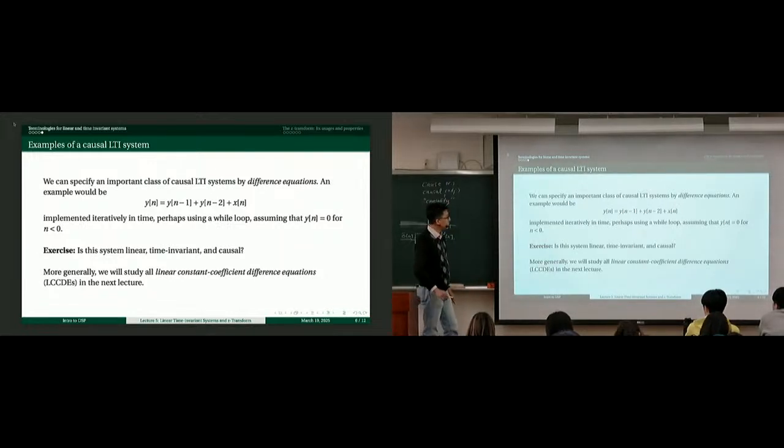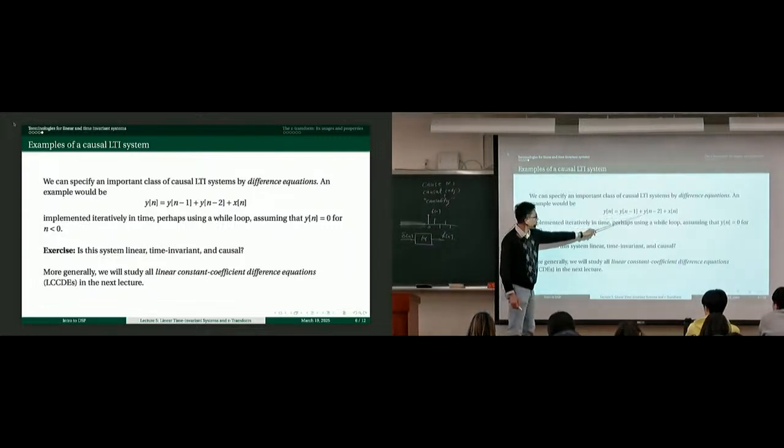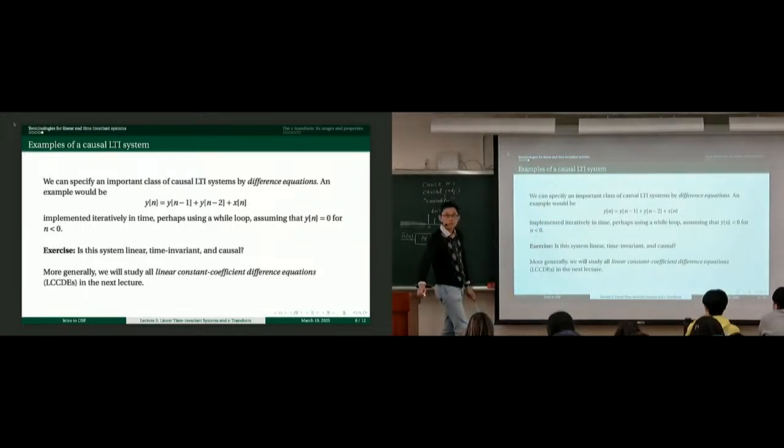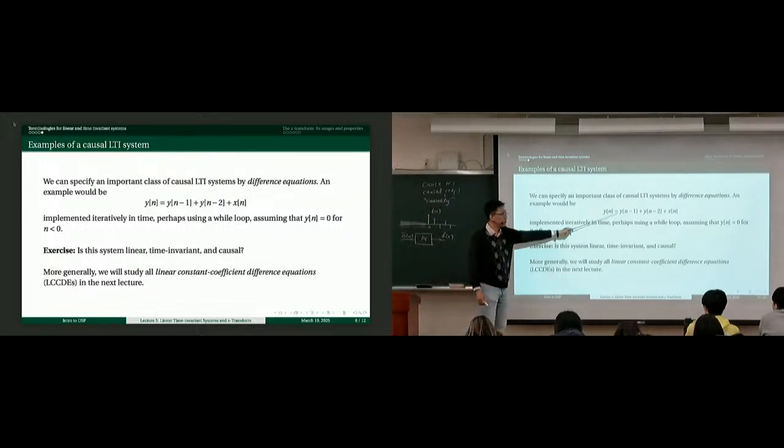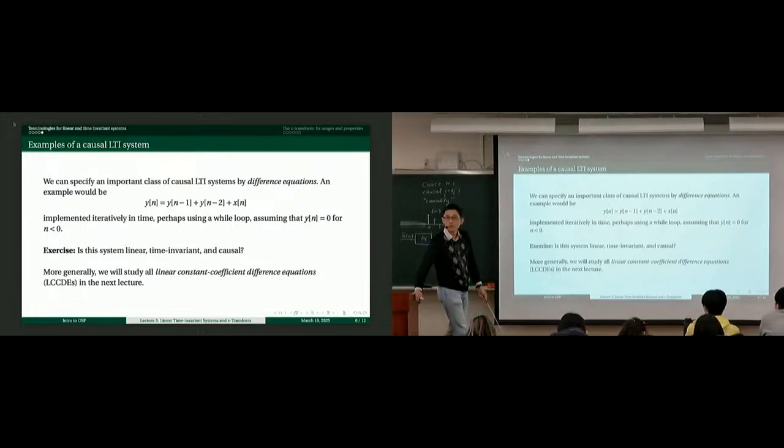Constant coefficients means that here we have 3 different coefficients, and they happen to all be 1. You can generalize from here: the coefficients do not need to be 1. They could be any arbitrary real number. In that case, we have difference equations with constant coefficients, and we study that.